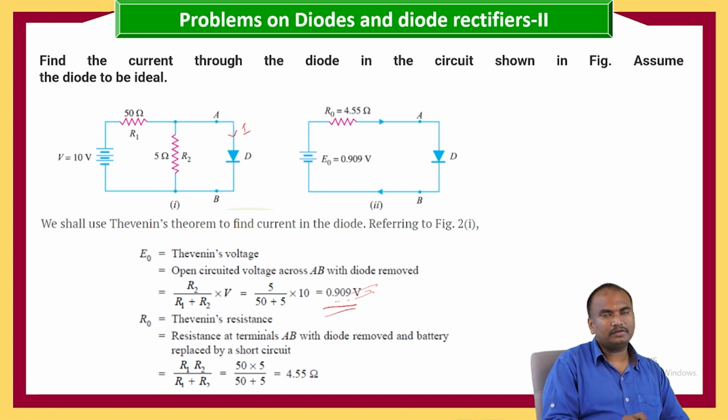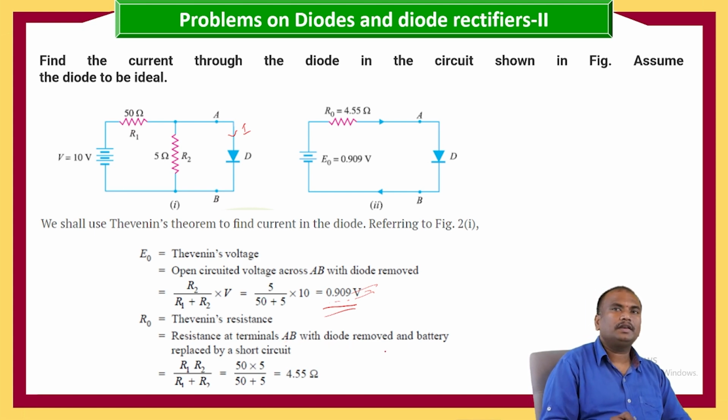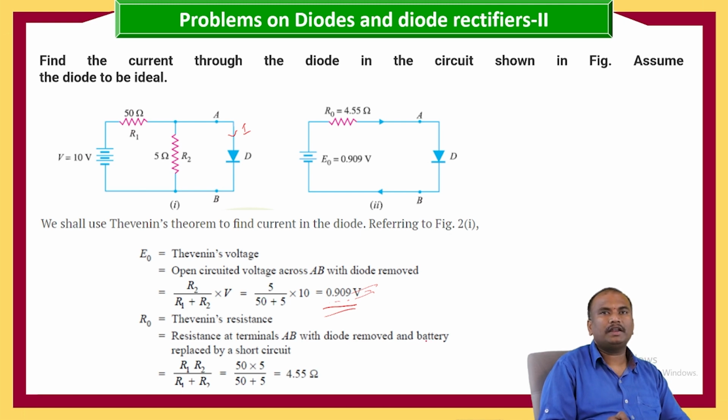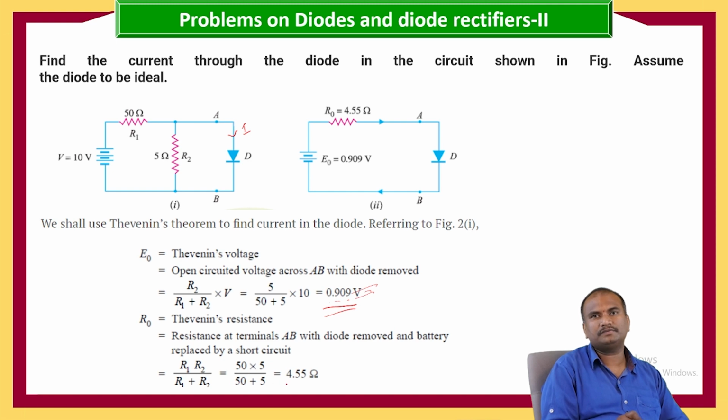Where R0 is equal to the Thevenin resistance, the resistance across AB with the diode removed. Here the battery is replaced by a short circuit, that is R1 R2 by R1 plus R2, that is 50 into 5 by 50 plus 5, that is 4.55.